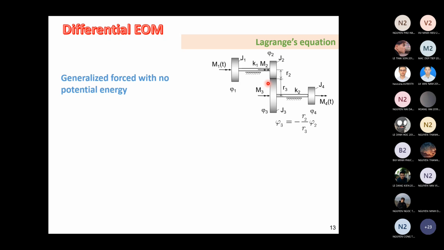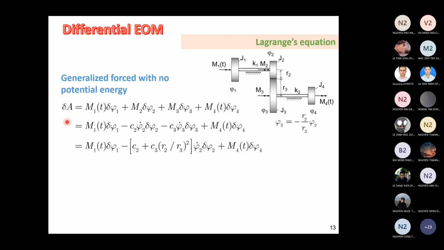The value of the damping moment is proportional to the angular velocities omega-2 and omega-3. So for the generalized force that we cannot add into the potential energy, you can use the work of this moment too.